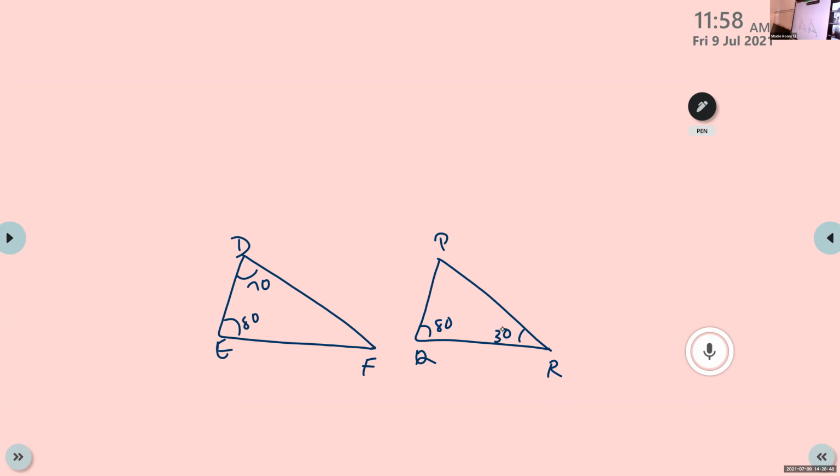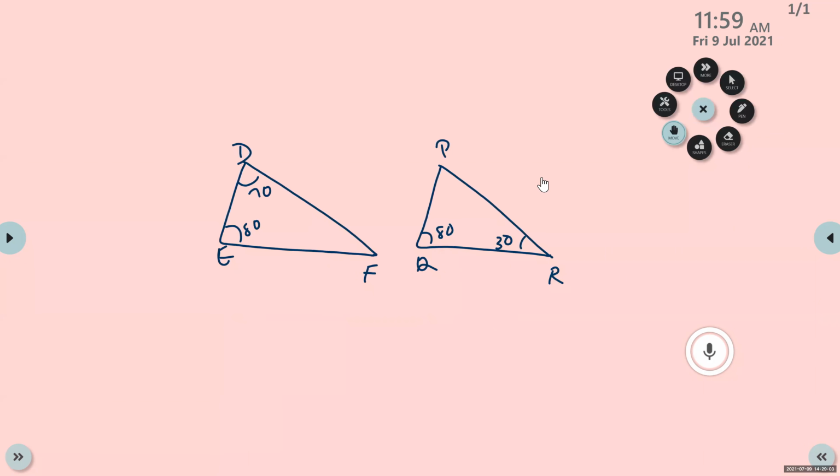Children, are they similar? Yes, ma'am. How can we say they are similar? What's the reason? We can find angle E equal to angle Q equal to 80. Then what next?